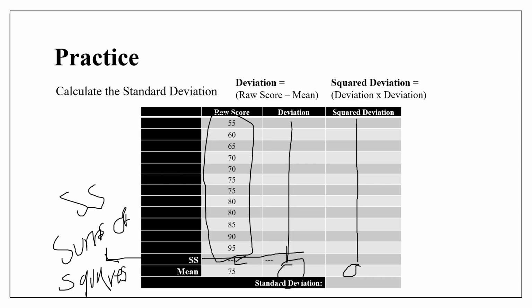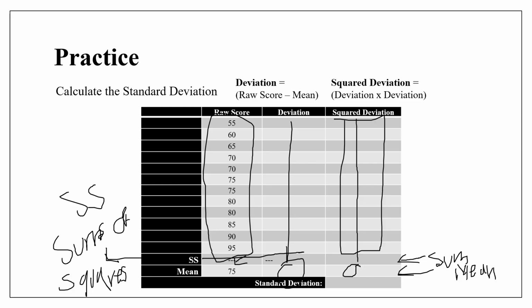So this row right here is going to be the addition of all the scores you have right here. So this is the sum. And then here you'll have the mean. And then once you have the mean, I'll walk you through what you need to do for the standard deviation.